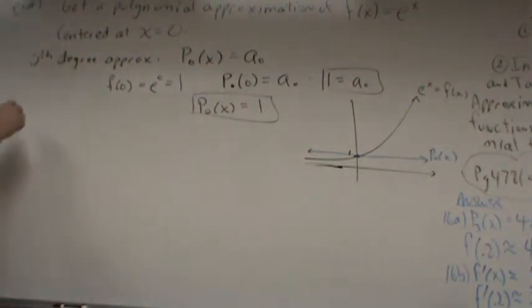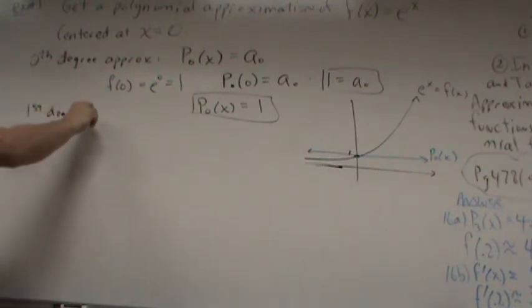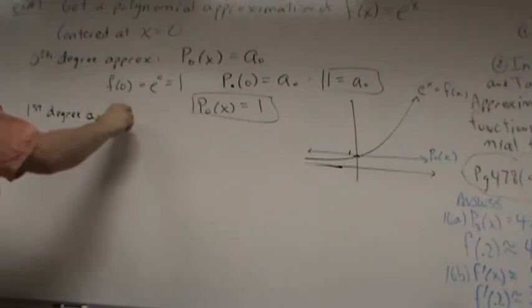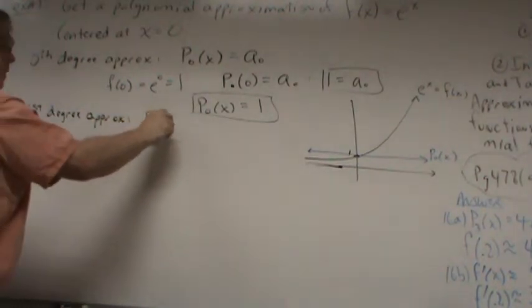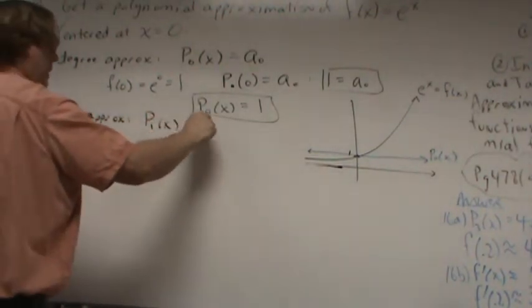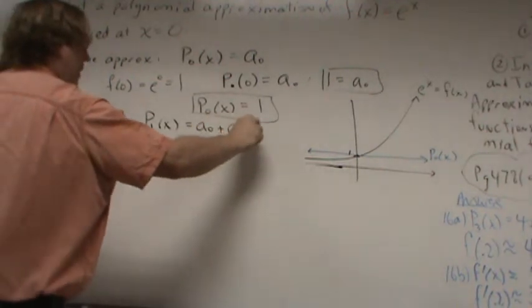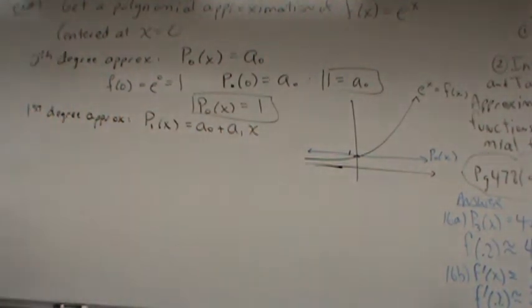Let's get the 1st degree approximation. P1 of x is going to be a naught plus a1x, because I need that polynomial to be a 1st degree equation, which means it's got to have a constant term and an x term.